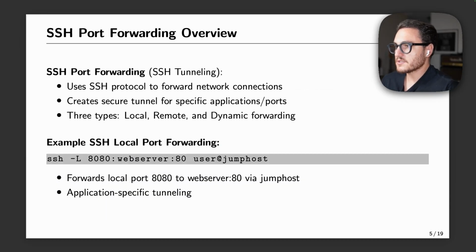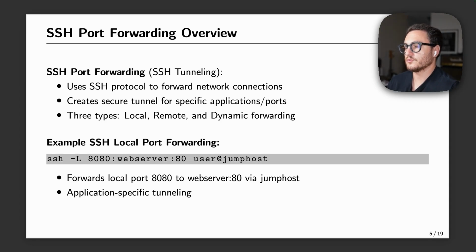So how does this compare to SSH port forwarding that we already saw? Well, SSH port forwarding is meant to be used just for one application, meaning that you map a port into another port, and that port is associated with an application. For example, here we forward the local port 8080 to web server port 80 via a jump host.